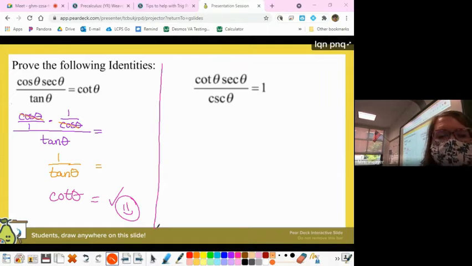Or Sanjita, you can save yourself a step if you go ahead and just write that directly as cosine over sine. So it is 1 over sine over cosine, but it also starts with cotangent, which is directly cosine over sine. You can still get there the way you're going, but it'll just take an extra step.